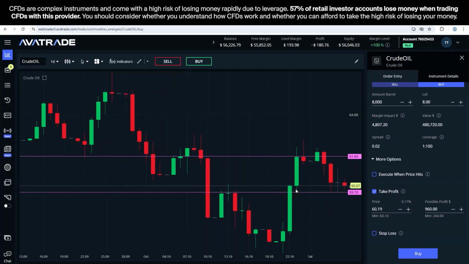Then once we came back up this way, it tried to break through this price level, had trouble, and down it went again. Sitting down here at 60, it looks like the first resistance area is somewhere around 61.70, which was this old support here. Now, if it breaks through there, then you're looking at a higher price up here.